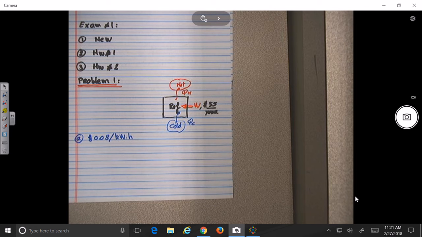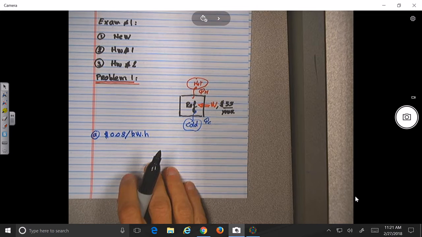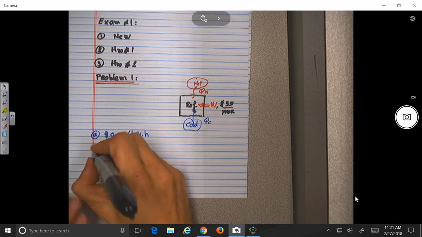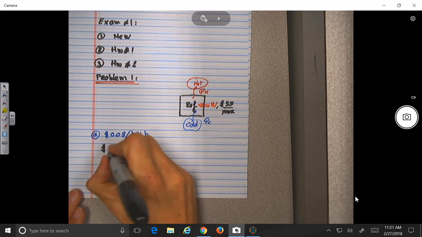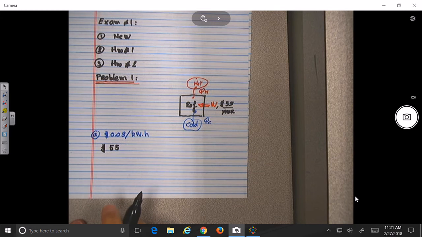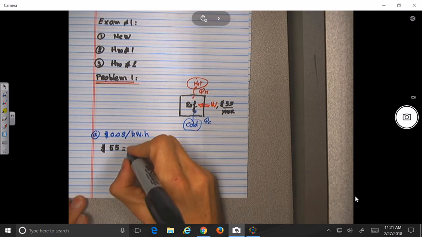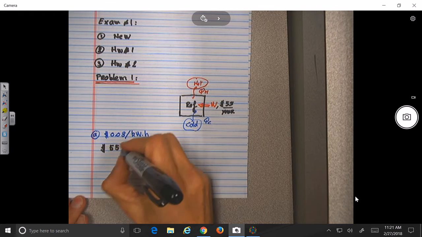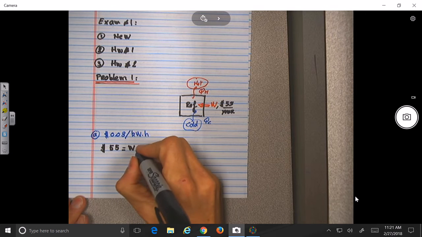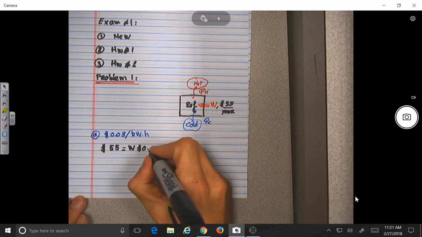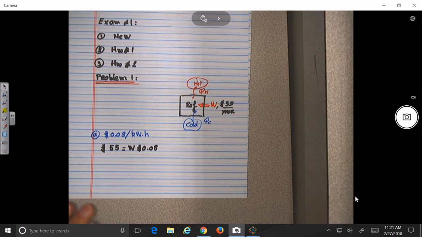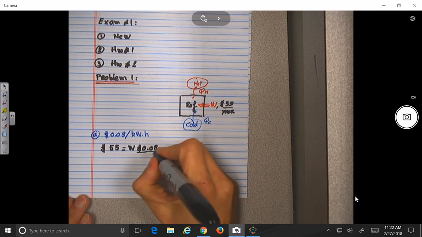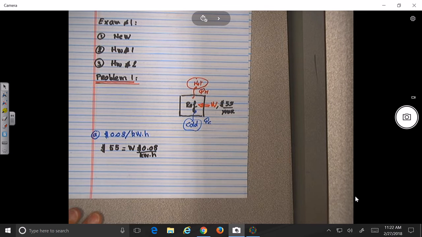Okay, so what do we know? We know the cost, $55 a year. Now the amount of power we need to put in throughout the cycle would be this one, and what is the cost of this one? 0.08 per kilowatt hour.